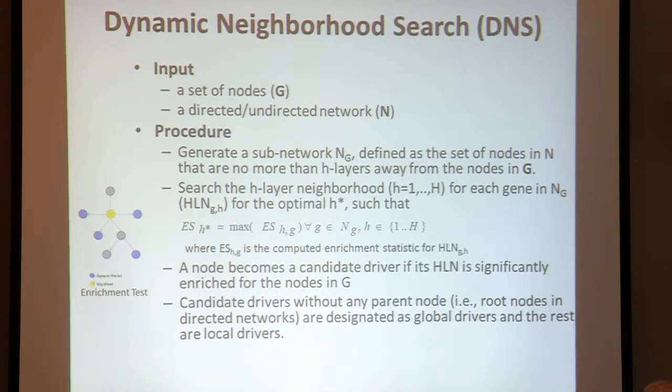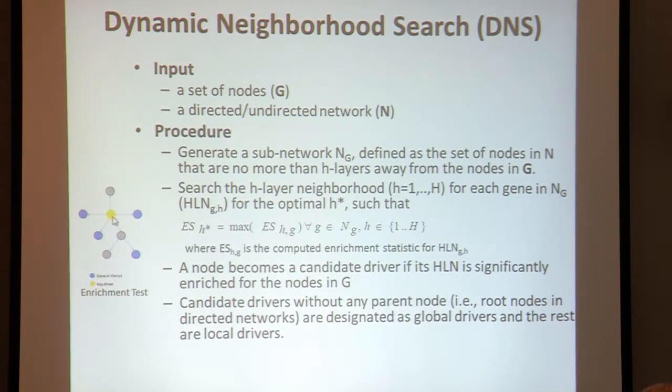And then we search for the optimal layer, the layer whose neighborhood is most enriched for the input gene list. You start with layer 1 and check the enrichment.